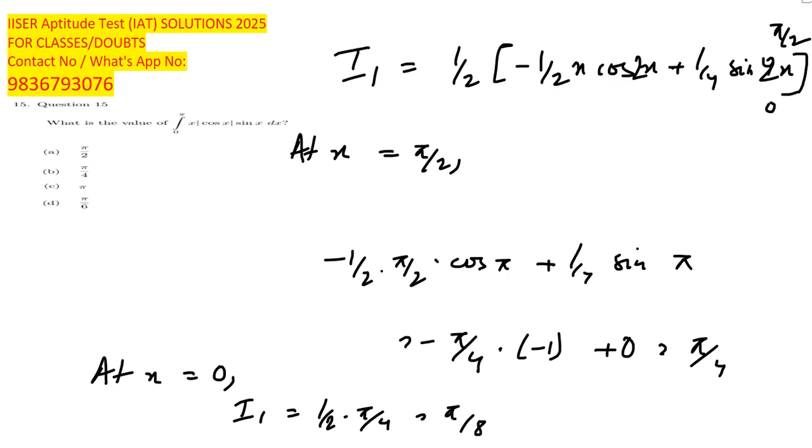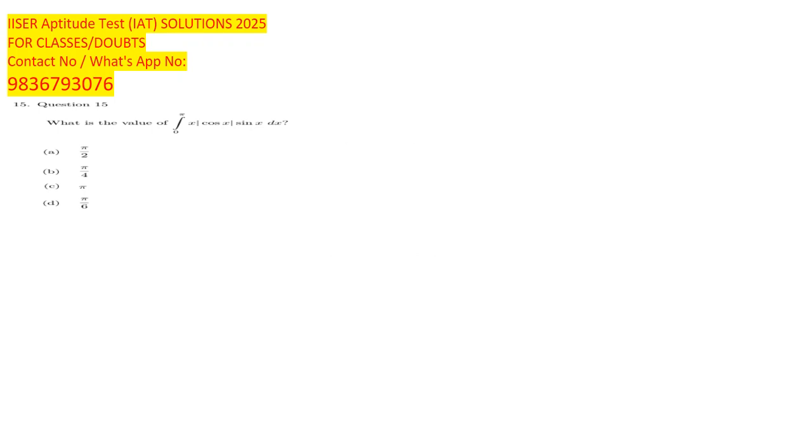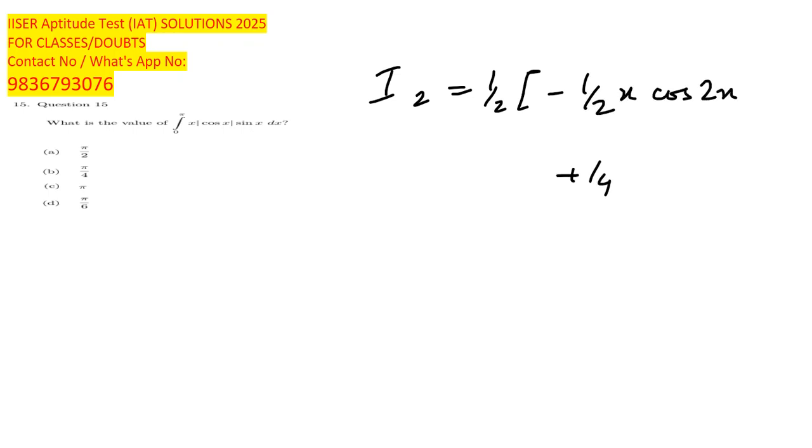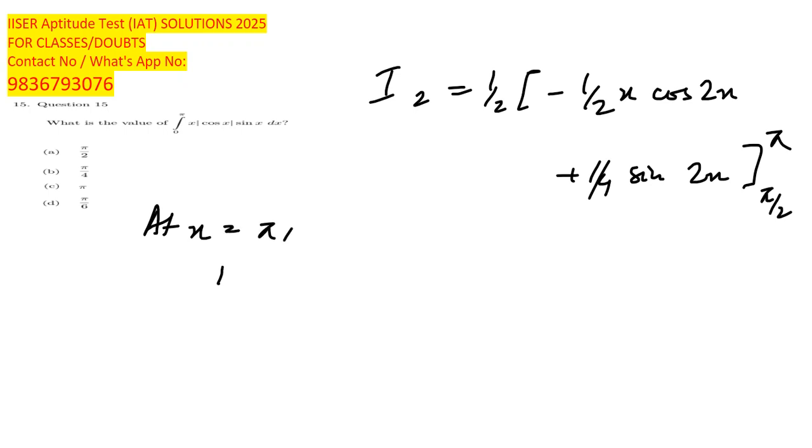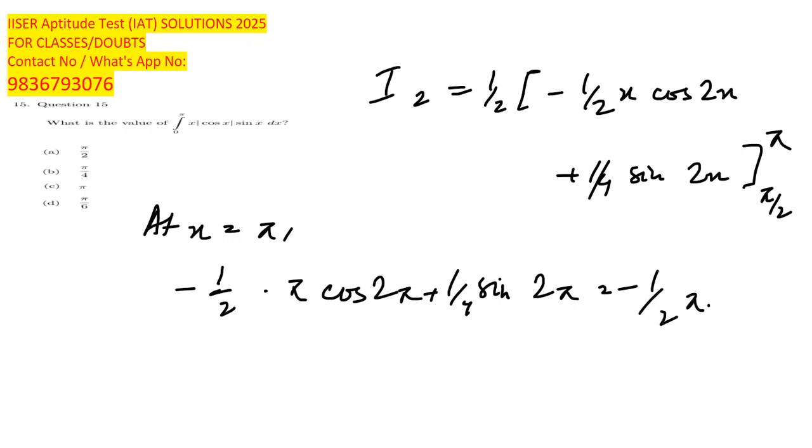Similarly, I2 will be half of minus half x cos 2x plus 1 by 4 sin 2x from pi by 2 to pi, and at x equal to pi, it is minus half pi cos 2 pi plus 1 by 4 sin 2 pi. That's minus half pi plus 0, so that's minus pi by 2.